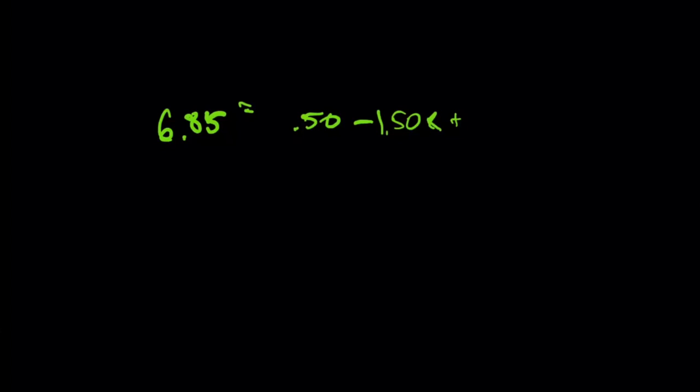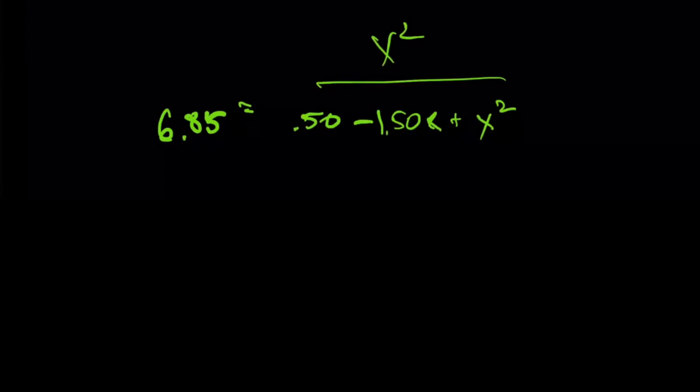So what we have at the bottom, the denominator, is 0.50 minus 1.5 plus x squared, over x squared. Let me do this.